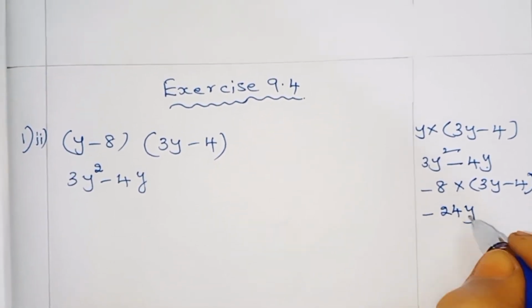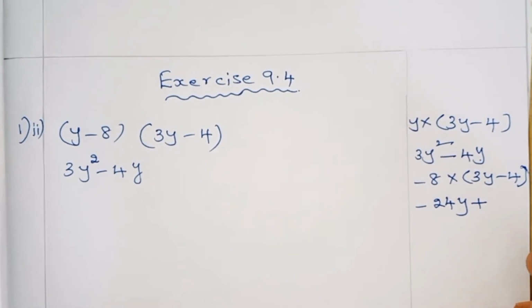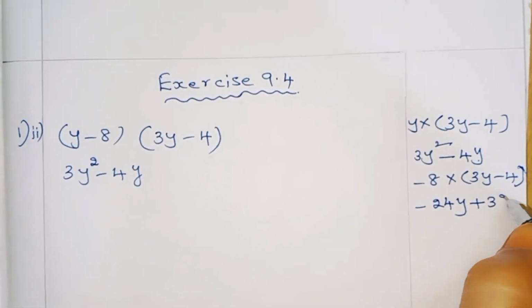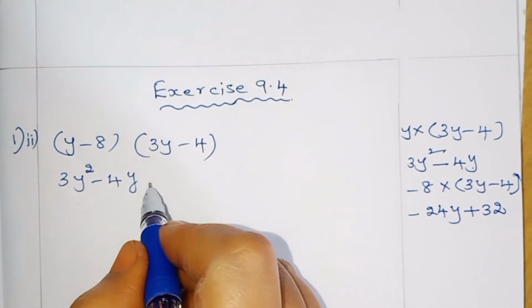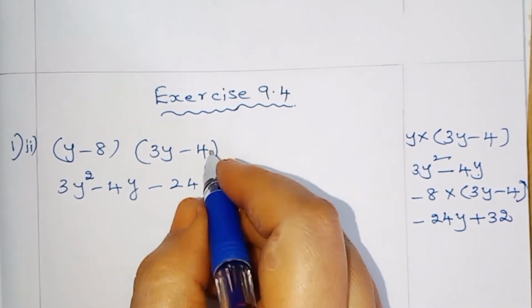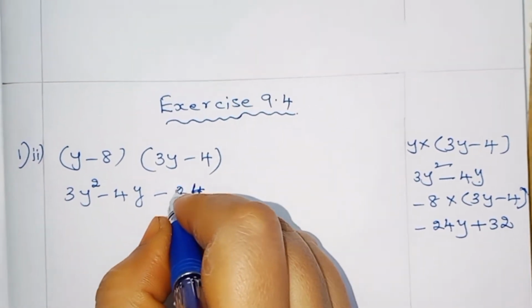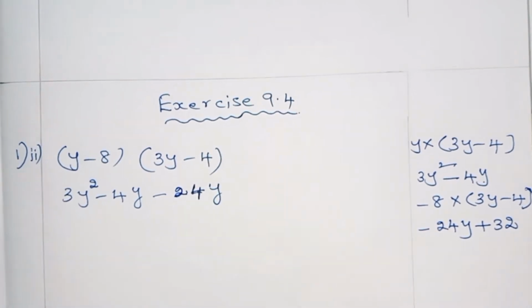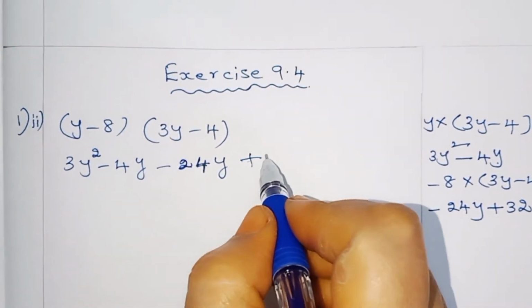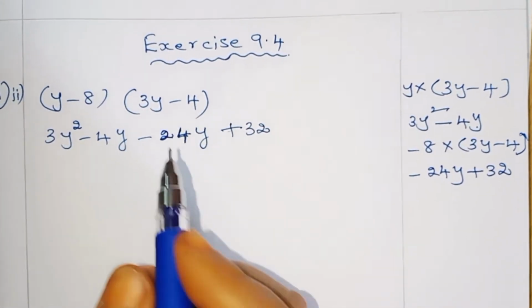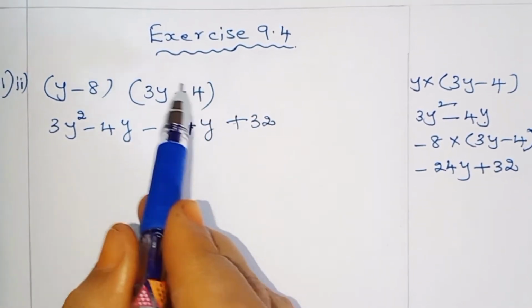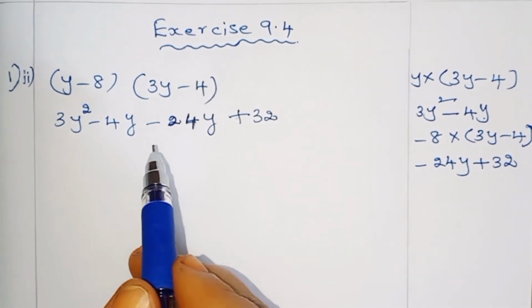Minus 24y. Minus into minus is plus. 8 4s are 32. So minus 24y plus 32.